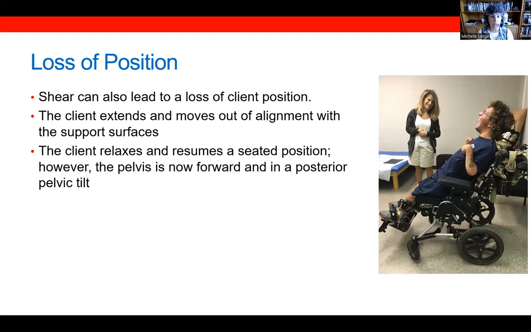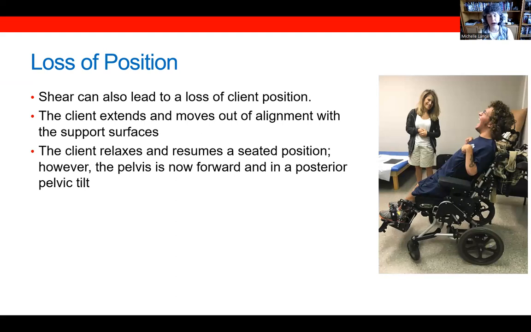Now, shear can lead to a loss of client position. So let's say the client is extending and they move out of alignment with the support surfaces. That causes shear forces. The client then relaxes and resumes their seated position, but the pelvis has now ended up in a posterior pelvic tilt.